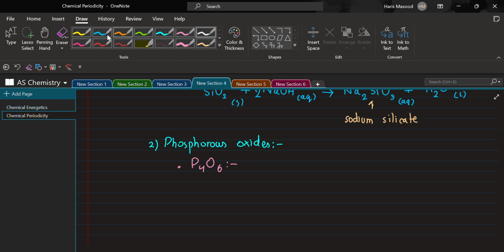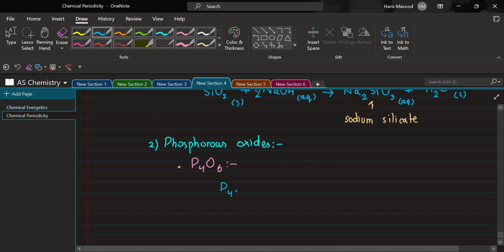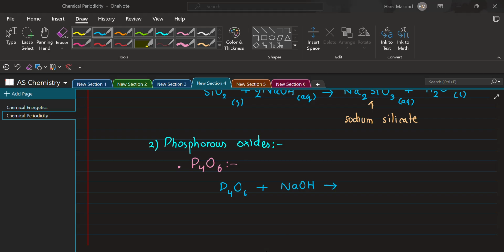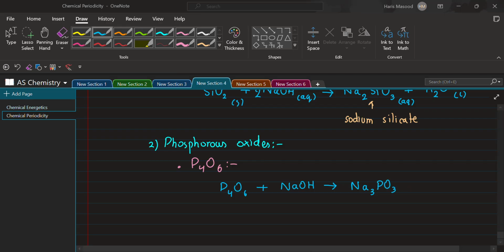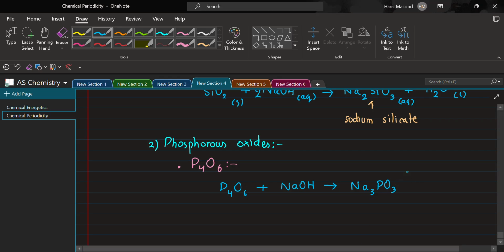It will again react with NaOH because it is an acidic oxide, so it will react with a base to form Na3PO3, and that is sodium phosphate 3, and with it it will form water. So basically neutralization: you have a salt and water being formed here.